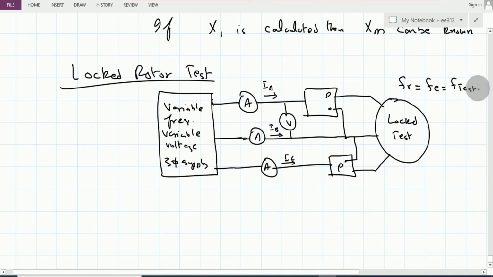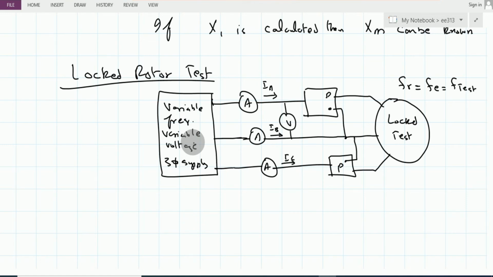This test is similar to the short circuit test of a transformer. We apply the voltage through this variable frequency, variable voltage three-phase supply, and we measure the power, voltage, and the current for this three-phase motor.